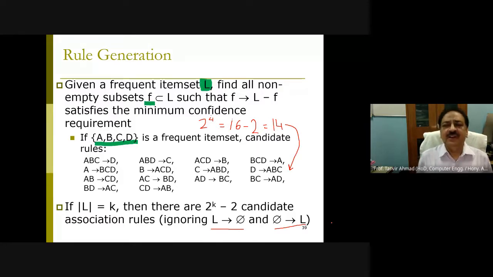The problem with these frequent pattern algorithms is that they generate lots of rules which are not interesting. How will I cut down or prune those rules? There is a whole lot of concept to be followed on how to generate only the interesting rules. Now, this is a general technique to generate all rules.